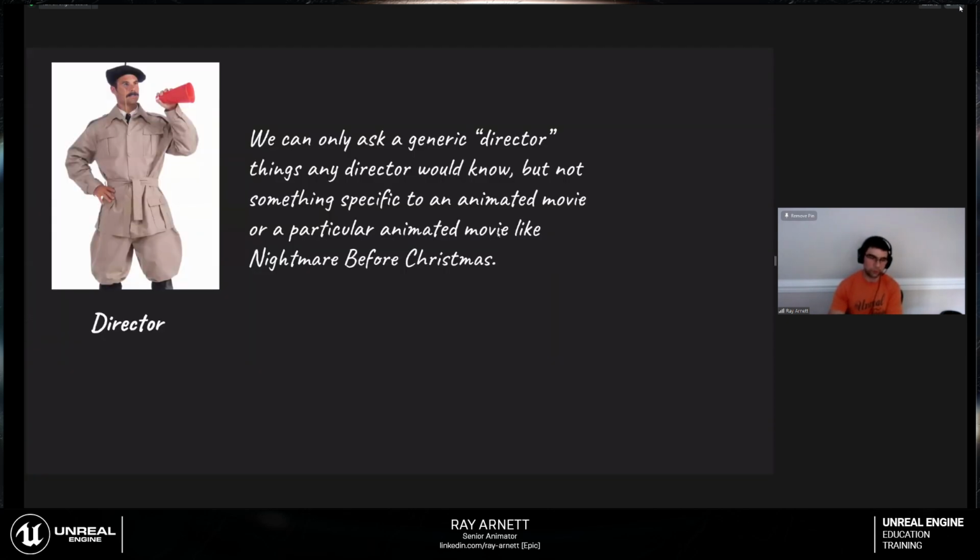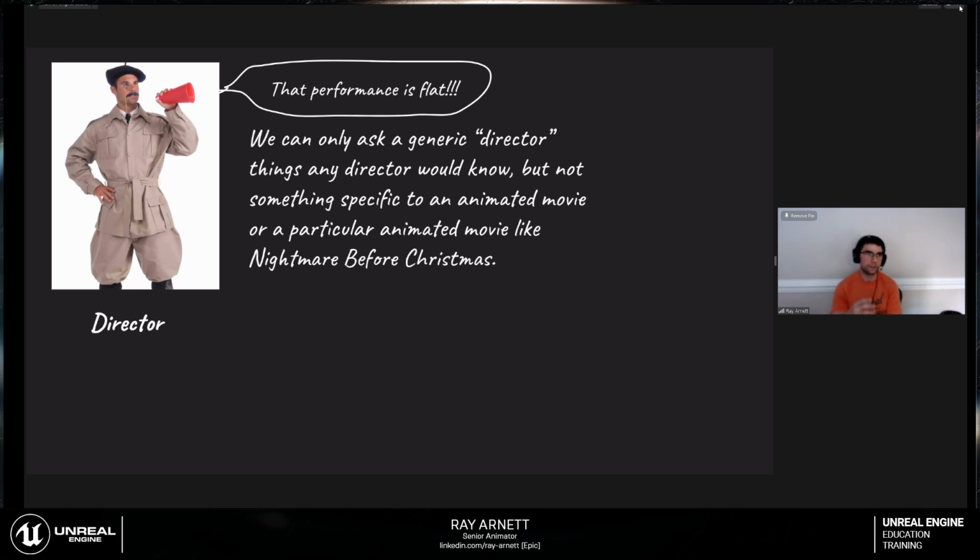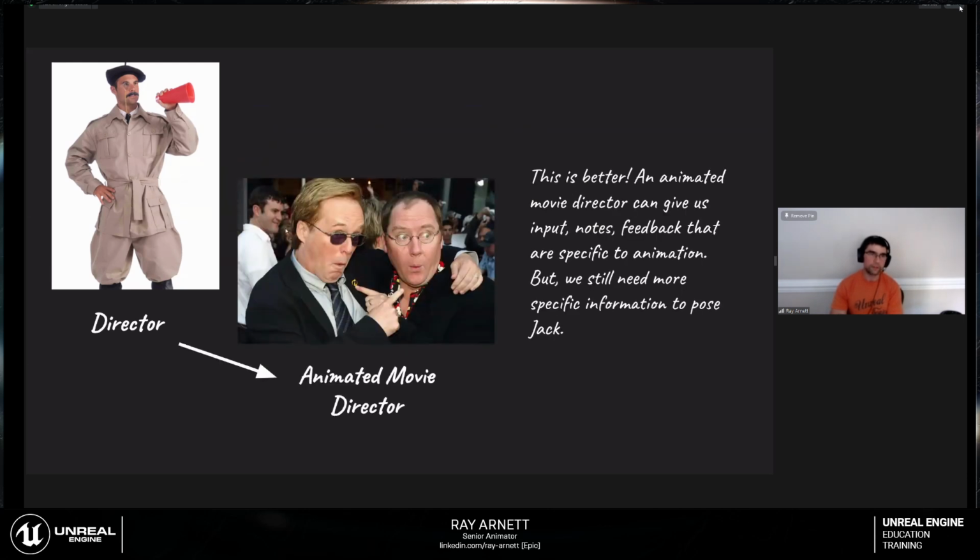In the same sort of example, a stop motion animator can say, hey, is there a director in the house? Can someone give me some notes on this and some input? A generic director can only give you generic information, and he'll say that performance is flat, or he'll say cut on the action or something like that. But we need more specific information than that.